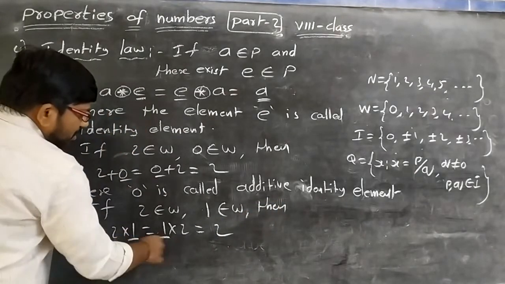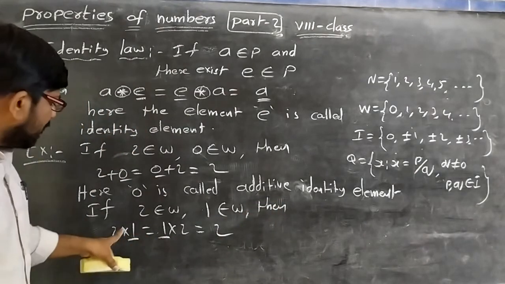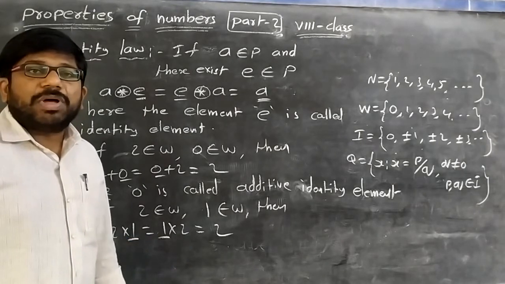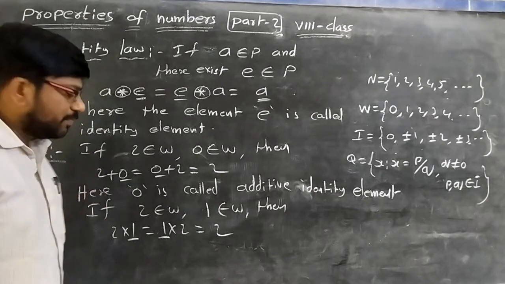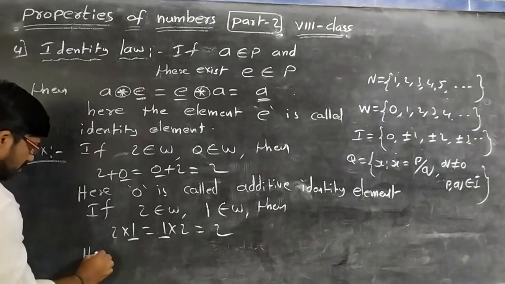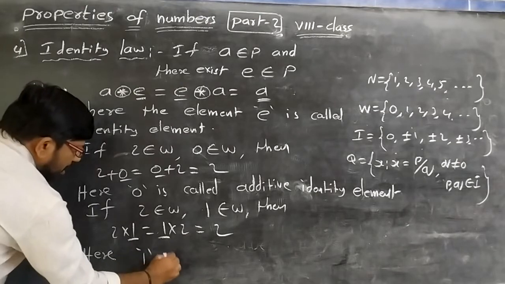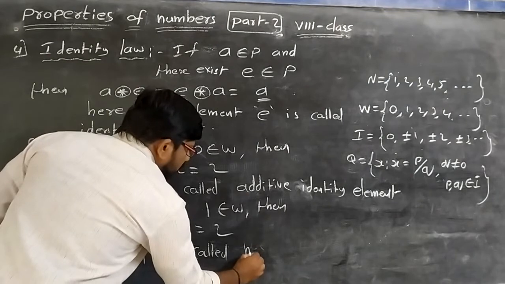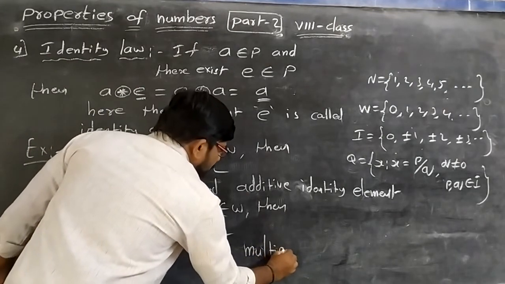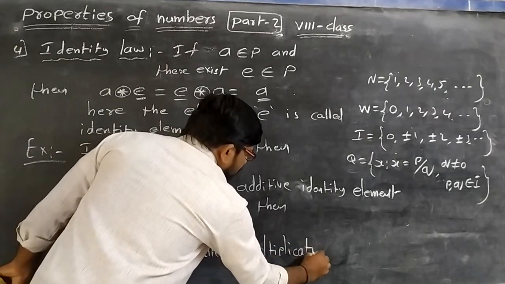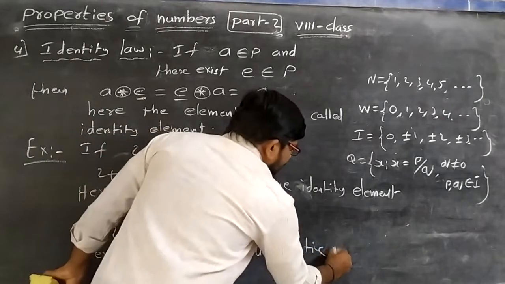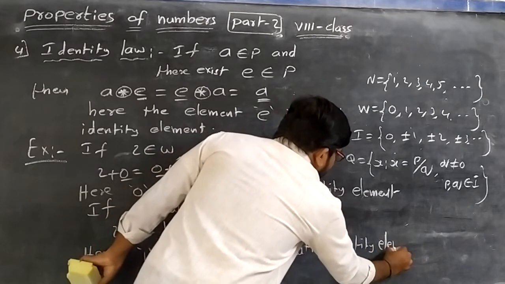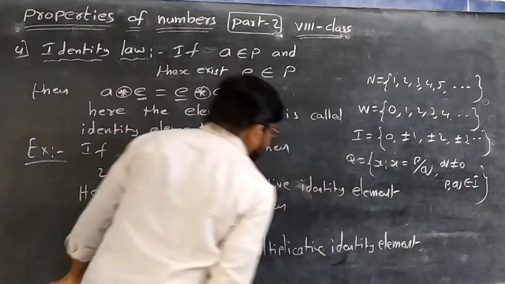Here 1 is called the identity element in multiplication, so 1 is called the multiplicative identity element, right?